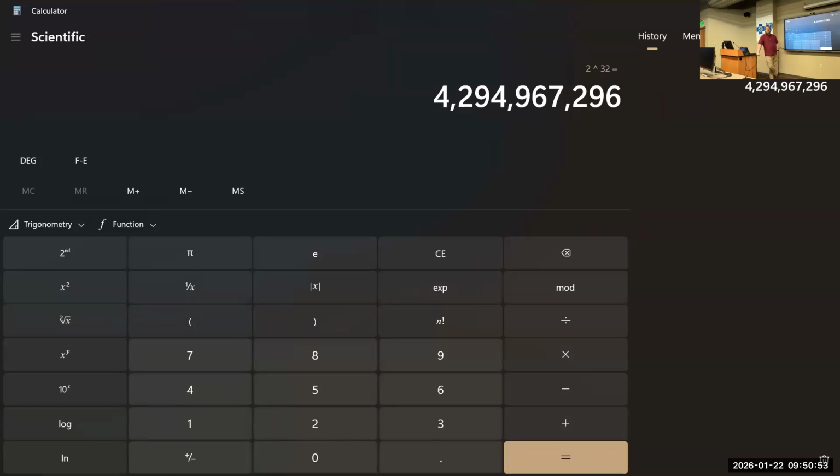So it had enough space to store that many addresses because the memory address register was 32 bits, and so it can store up to 4 billion values, which allowed it to access 4 gigabytes worth of memory.